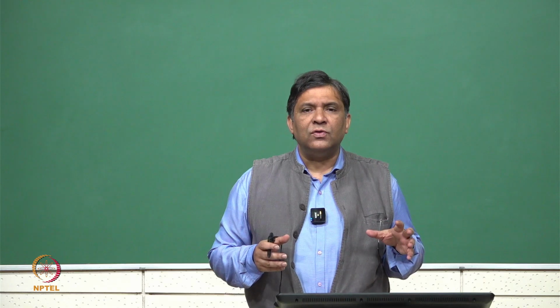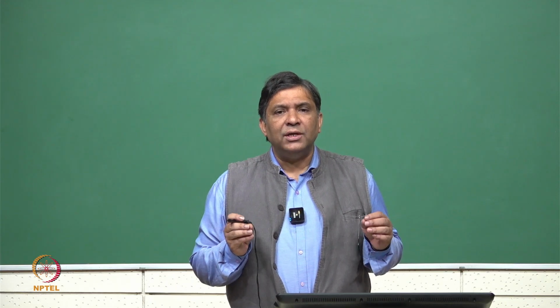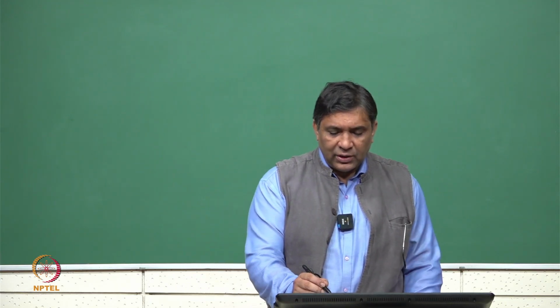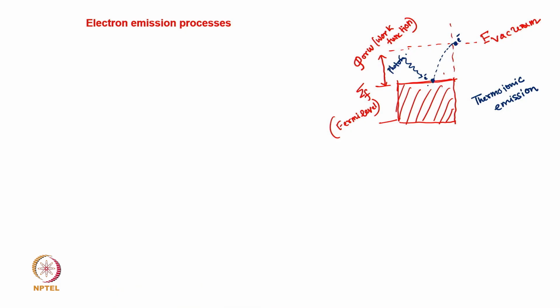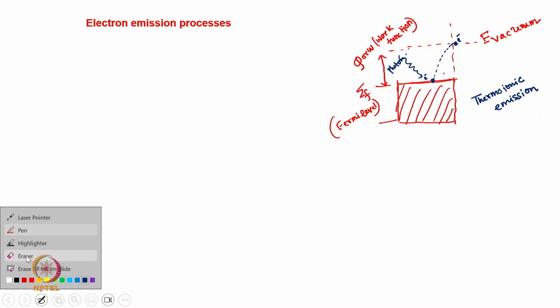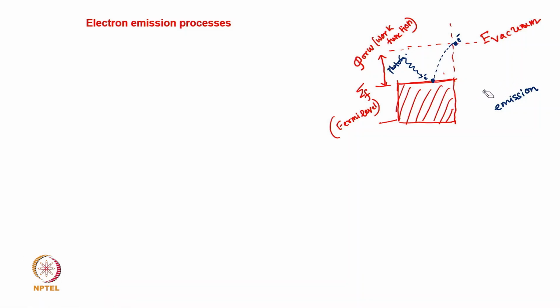He told that these photons are basically energy packets of h nu energy, and when they fall on an electron, they give energy to the electron. The electron gains kinetic energy, and if it has enough kinetic energy to cross this potential, or gains energy more than the work function, then it goes to a free state. So, this is the second process, which is known as photoelectric emission.